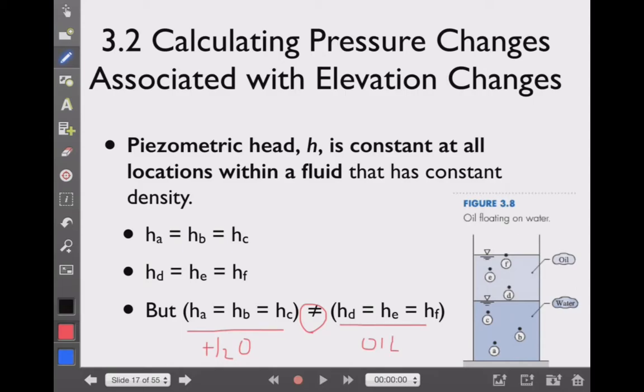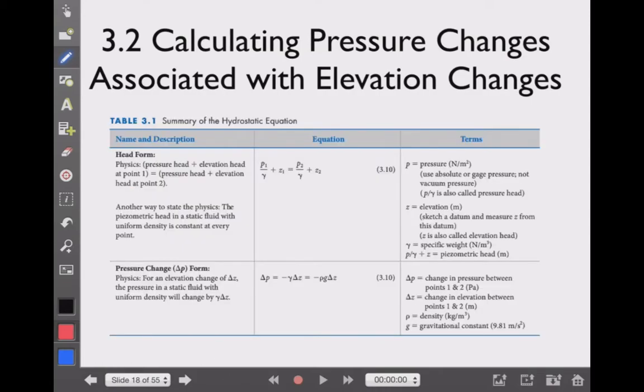As long as you're in a consistent gamma for oil or water, the piezometric head is constant at all locations in the fluid. Very important result. That's going to simplify things for us greatly.